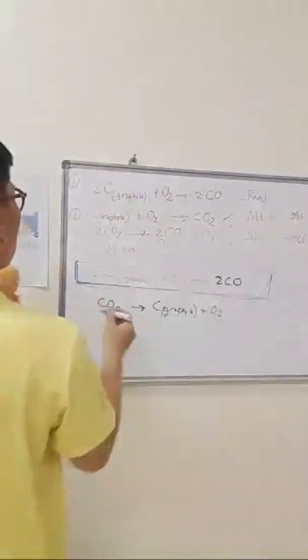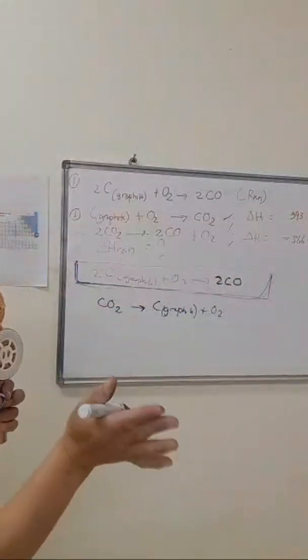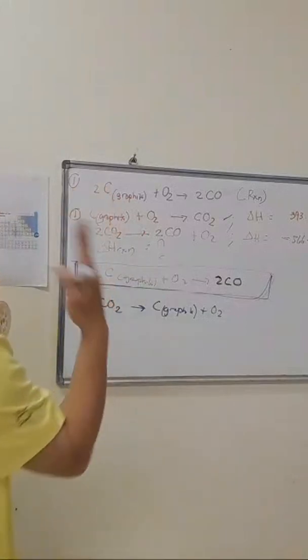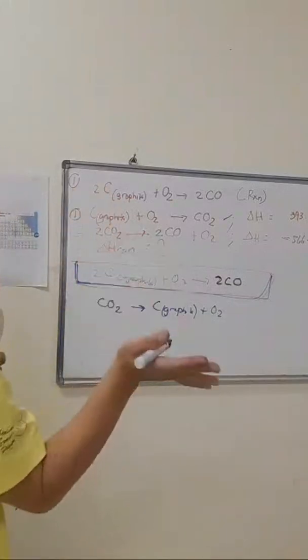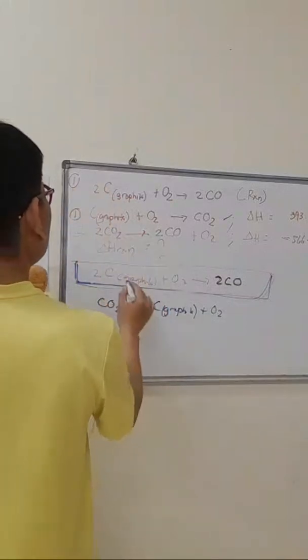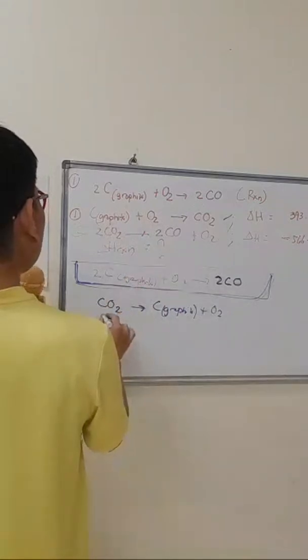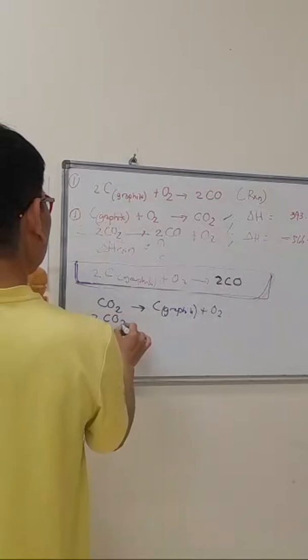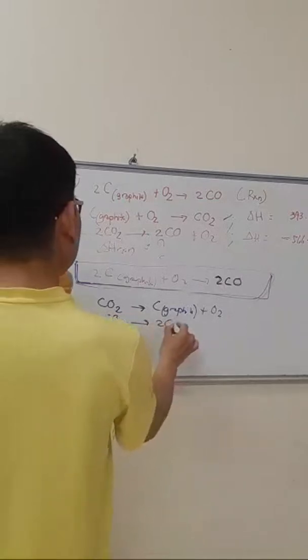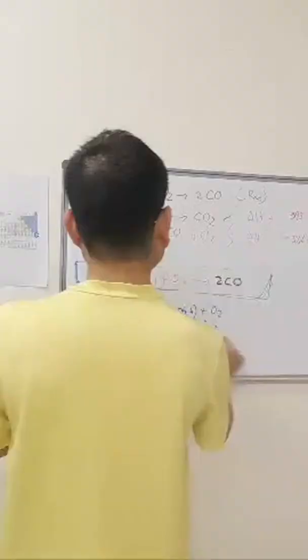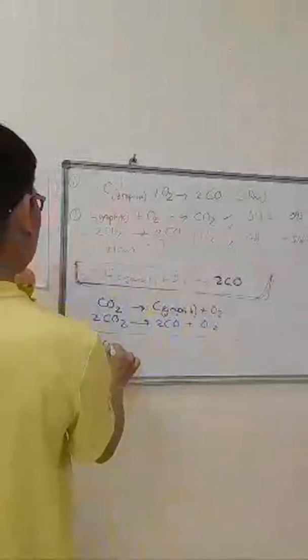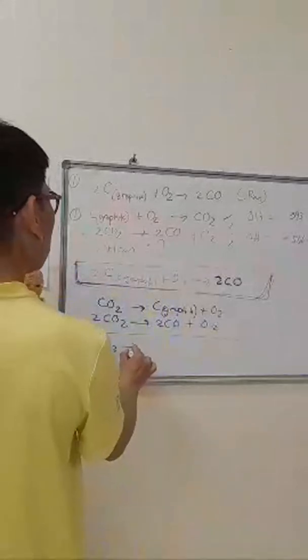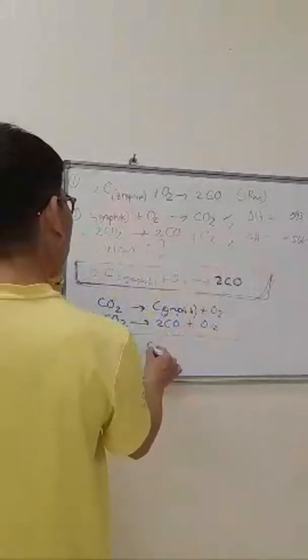Meaning to say, you are only reversing equation 1, not equation 2. So CO2, then 2CO plus oxygen gas. Add the two, and it will become 2CO equals C graphite.